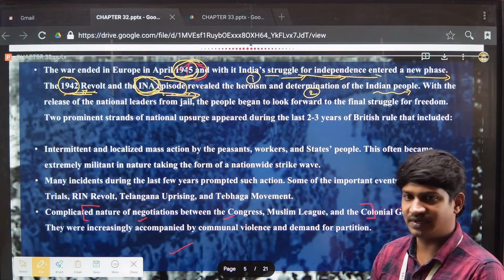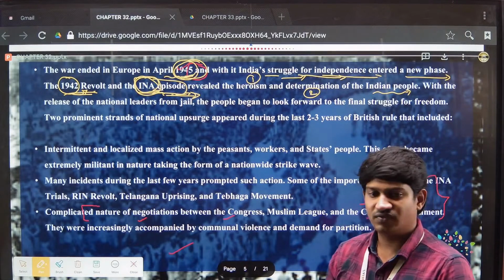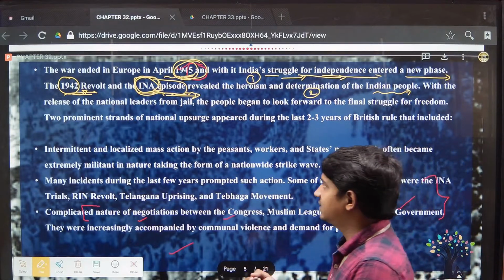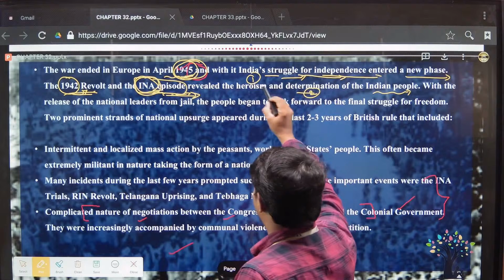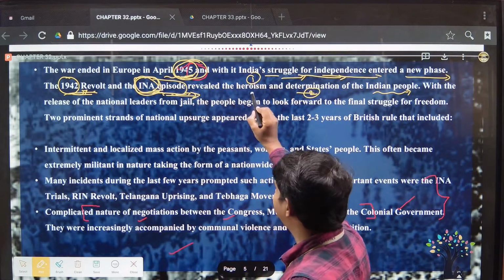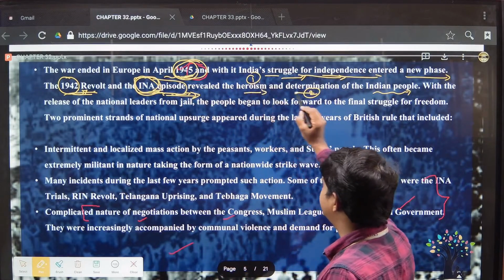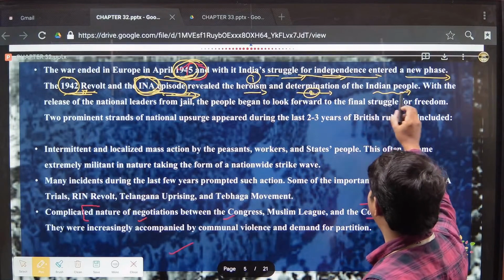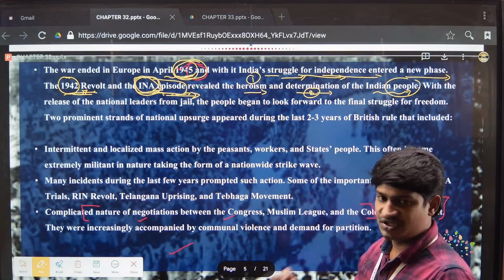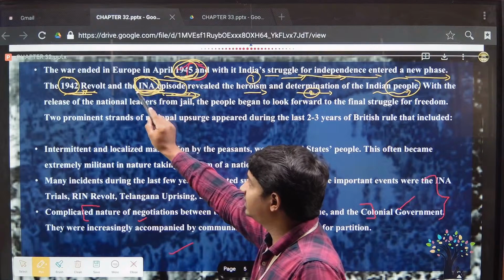That gap was quite a disadvantage, as all the Indian national leaders saw. But on the other hand, the people were ready, because of the individual heroic actions, and the determination of the Indian people had changed because of the INA trial.